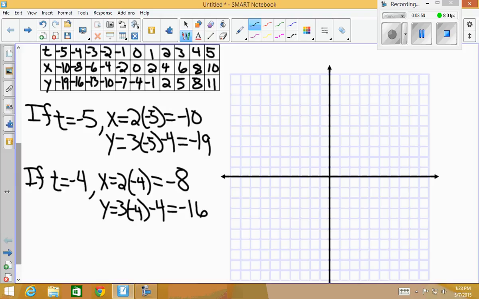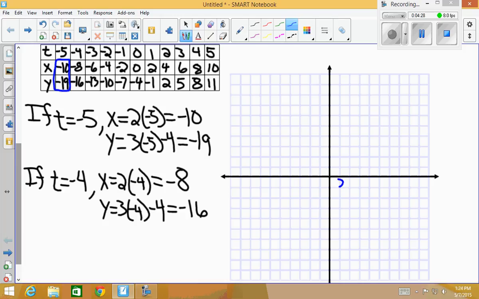In this way, we have filled out a table, and we have x and y coordinates that we can put on our graph together. So we have x is -10, y is -19. So just for the sake of being able to put the points on the graph, let's say that every mark is 2.